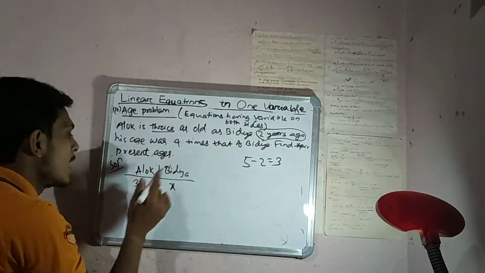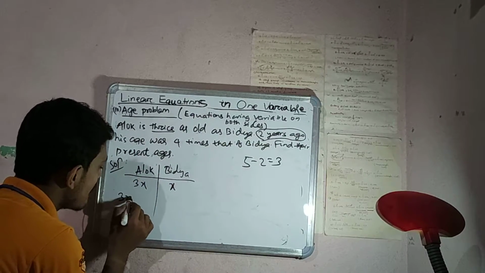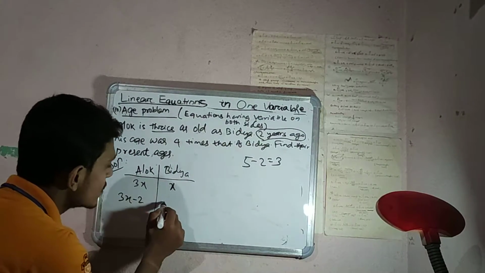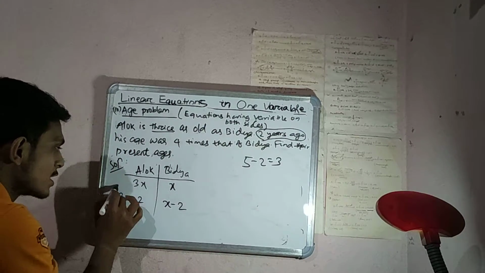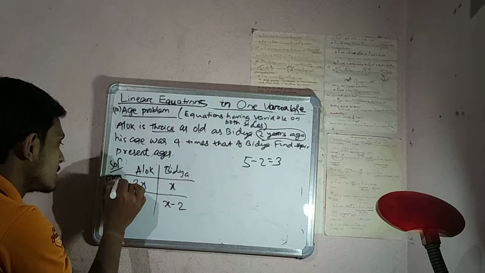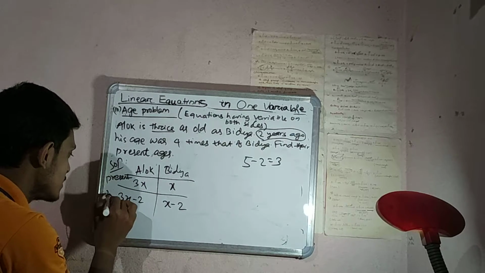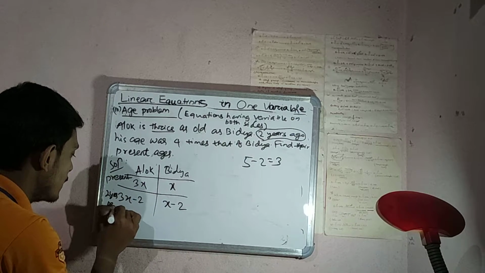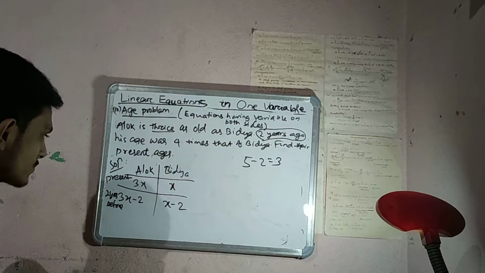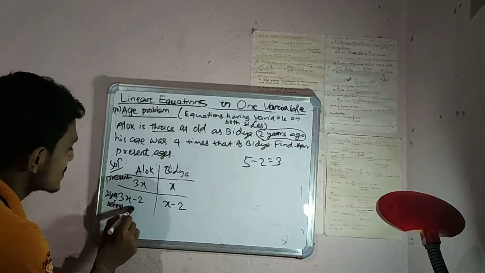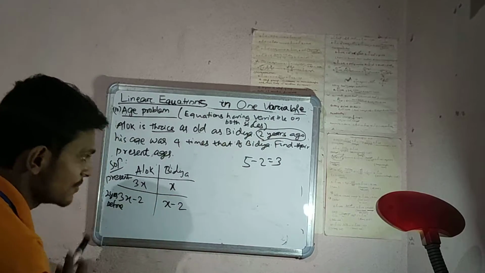So in this way I can write the age of Alok 2 years before is 3x minus 2, and the age of Vidya 2 years before is x minus 2.